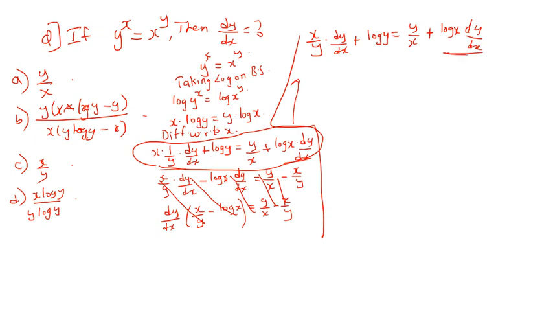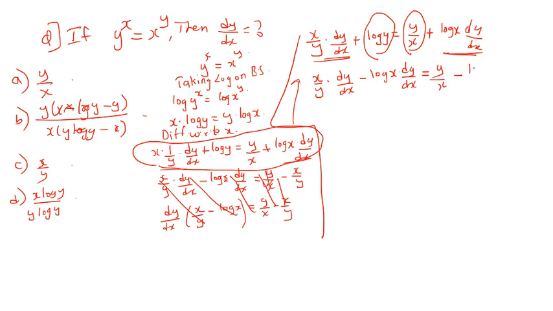So taking dy by dx on the LHS, this will become x by y dy by dx minus log x into dy by dx. This is equal to, taking the other terms across, y by x minus log y. I made this mistake before, you don't do it. Now taking dy by dx common, this will become x by y minus log x, and this is y by x minus log y.